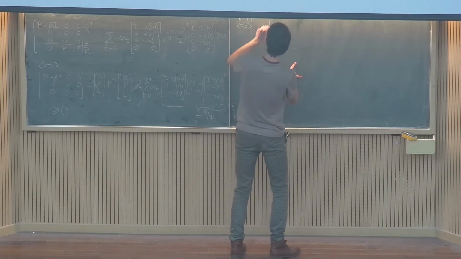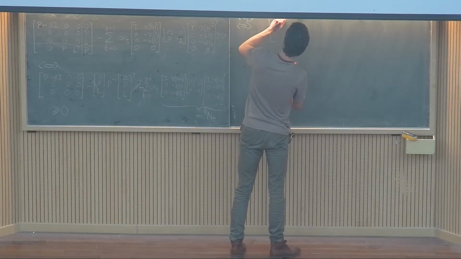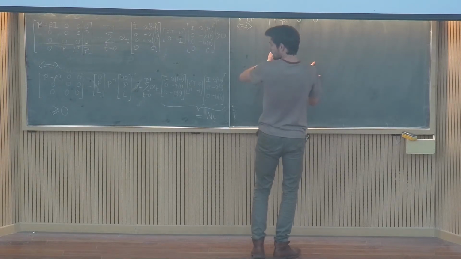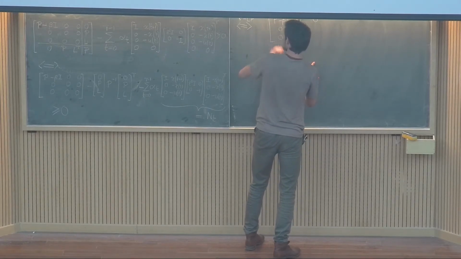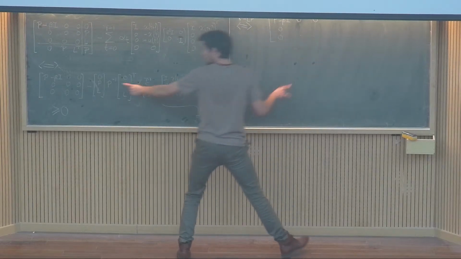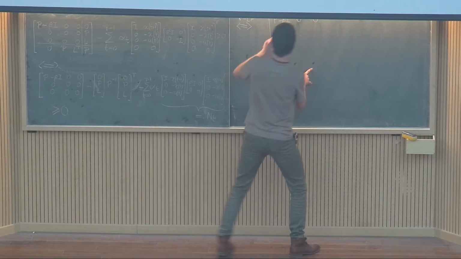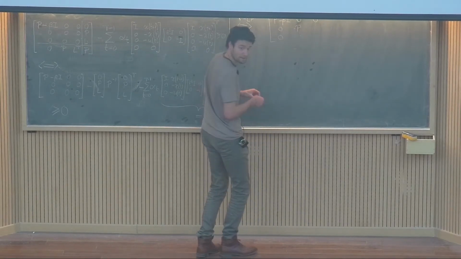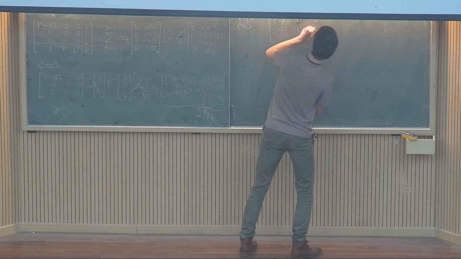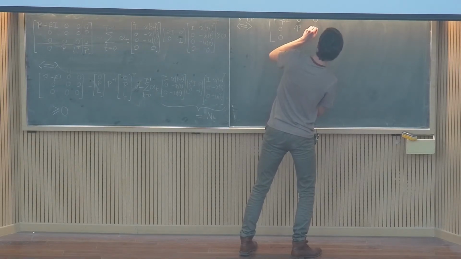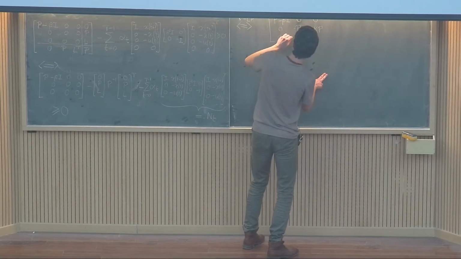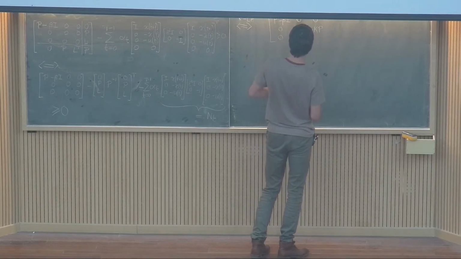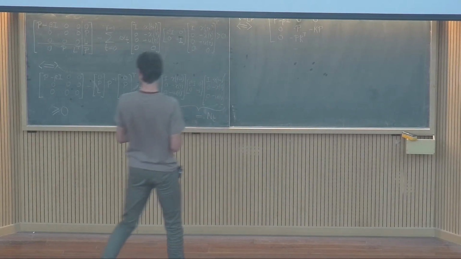Well, I get the matrix P minus beta I, 0, 0, 0, 0, P inverse P, with a minus sign becomes minus P. I get minus K P minus P K transpose. Wait, am I doing this right?